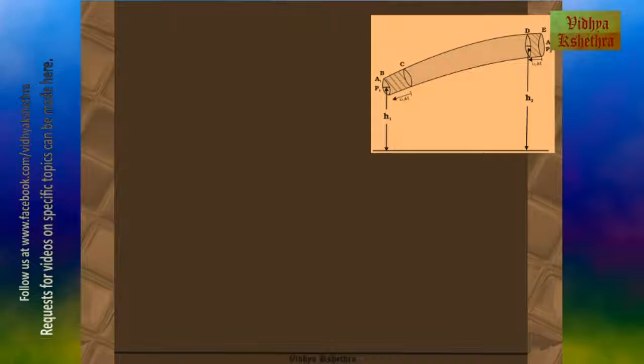For that, we have to consider a fluid flowing through a pipe having different elevations as well as cross-sectional areas. In this case, the height of the pipe at point B is h1 and that at point D is h2. The velocity of flow at B is given by v1 and the velocity of flow at D is given by v2.